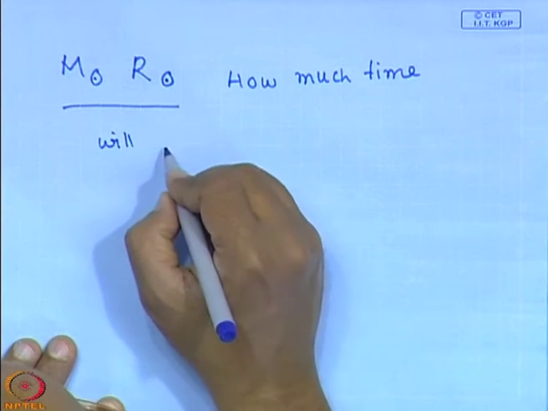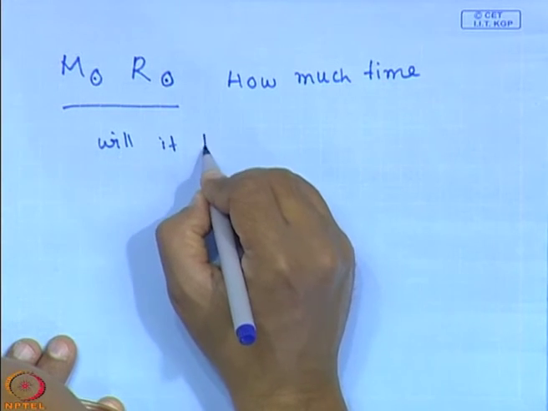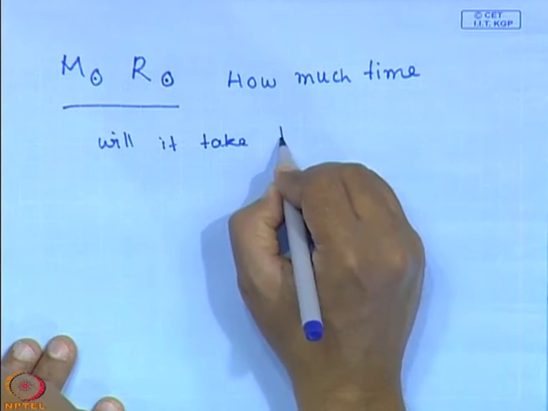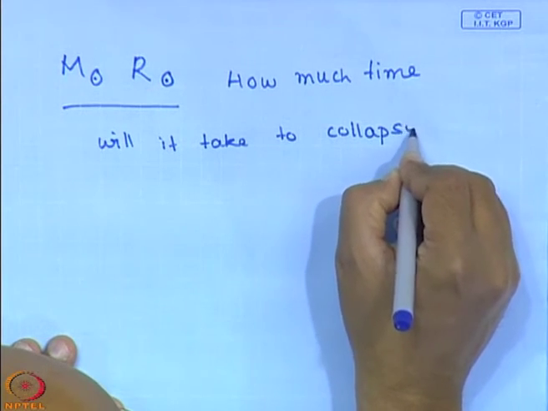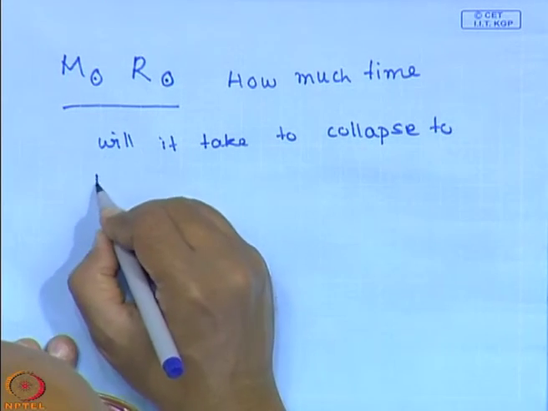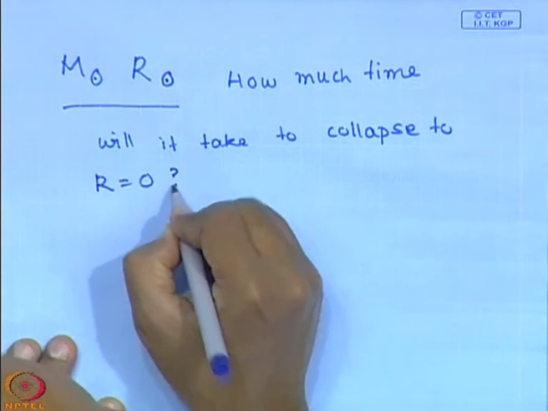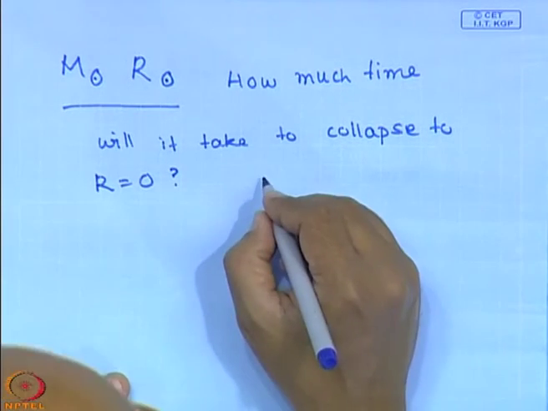In this model, how much time will it take to collapse to r equal to 0, assuming f equal to 1.